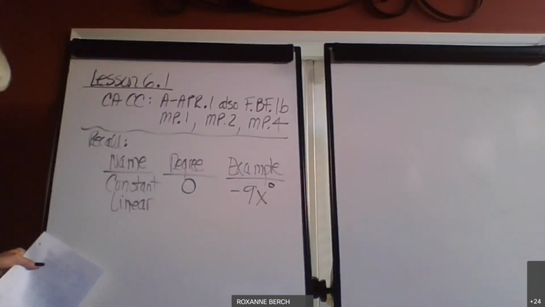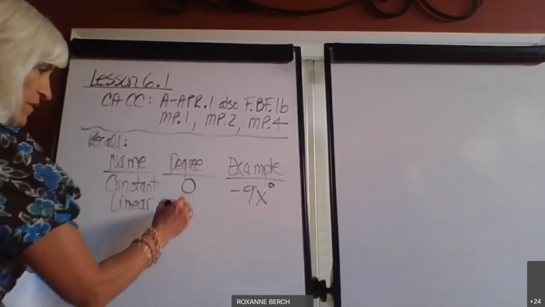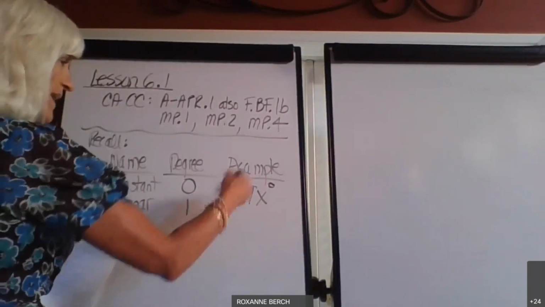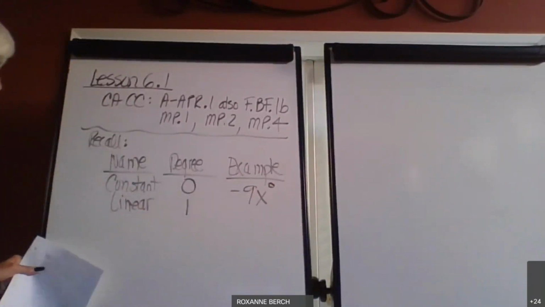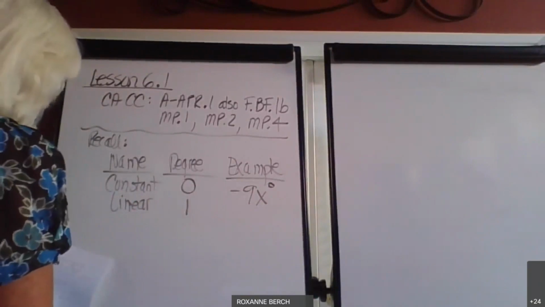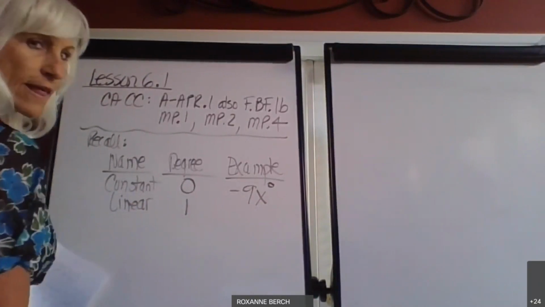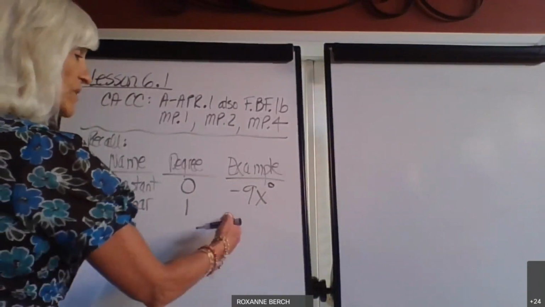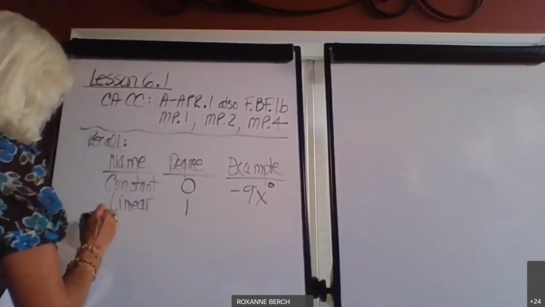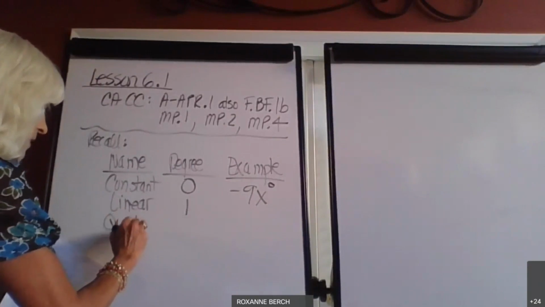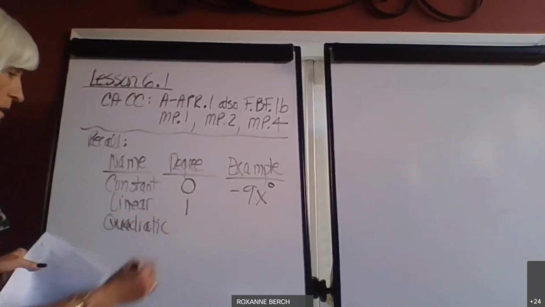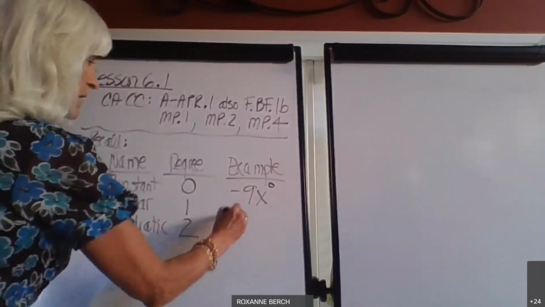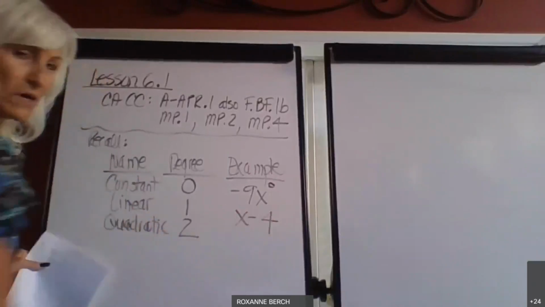Yes. And you're super familiar with linear. The degree is 1. What would be an example of a linear expression? What would be an example of a line? X minus 4?